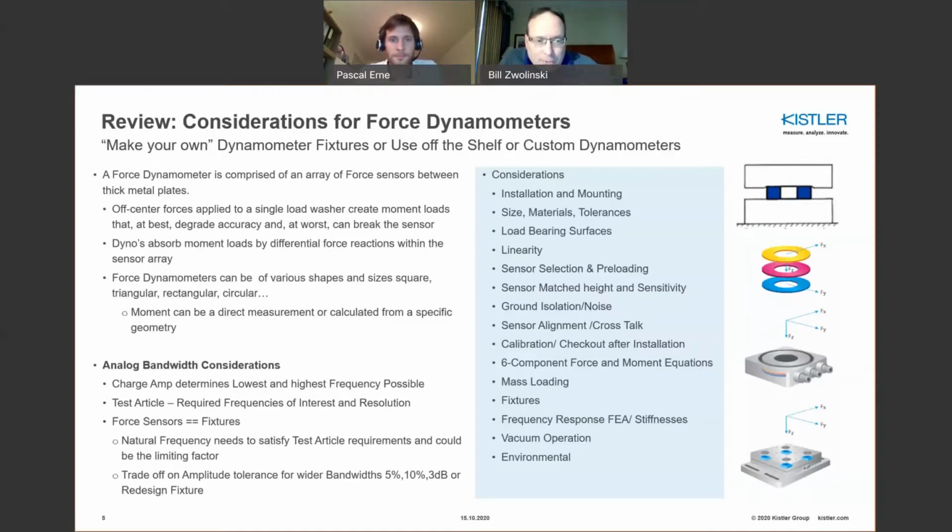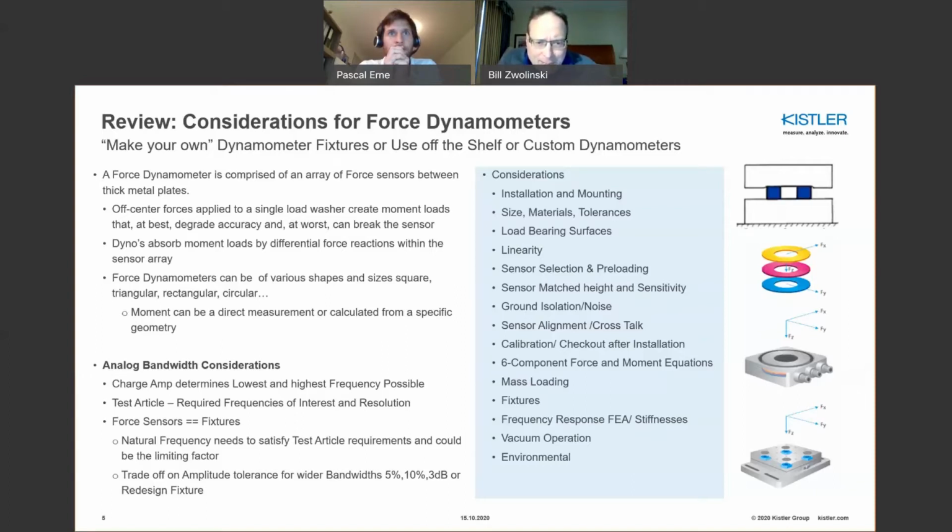Usually the charge amp is really the main piece that tells you what the upper and lower end maximums are, or minimums on the low end, maximums on the high end. The test article then defines what the required frequencies are and whatever that resolution might be in terms of noise profile. And then lastly, the force sensors or fixtures that are being made basically have to satisfy that.